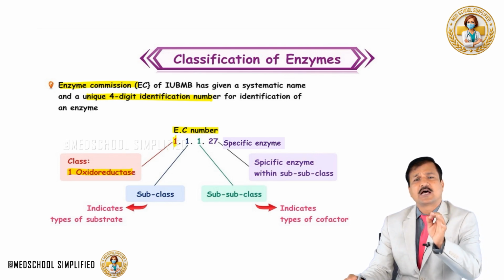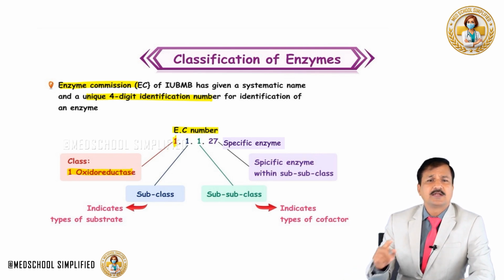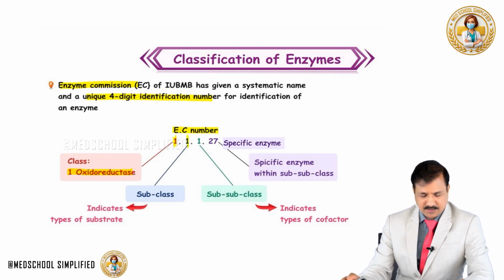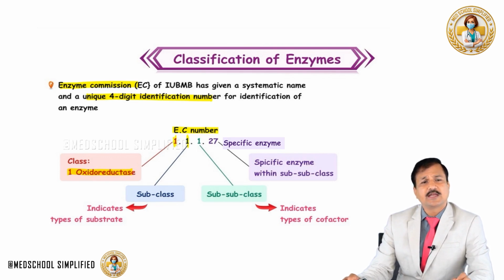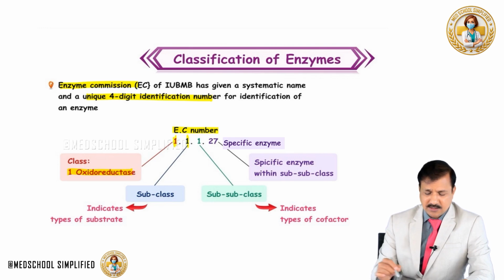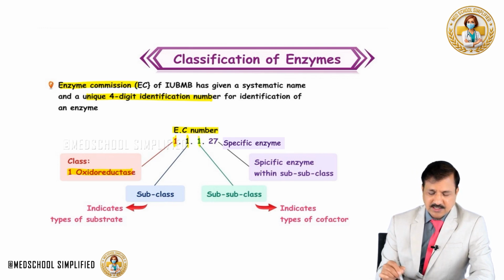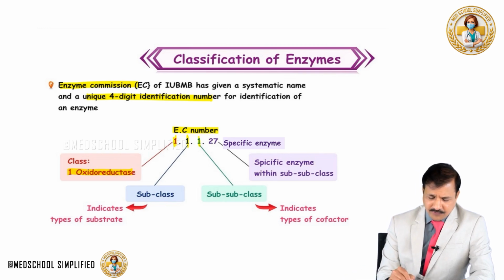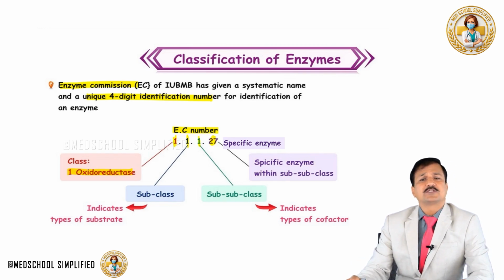So 1 indicates the class of the enzyme. Then the second number is the subclass of that particular enzyme, and that usually indicates the type of substrate getting into the reaction. The third number is the subclass of an enzyme, and that indicates the type of cofactor that this particular enzyme needs. And the fourth number is a specific enzyme within the subclass.